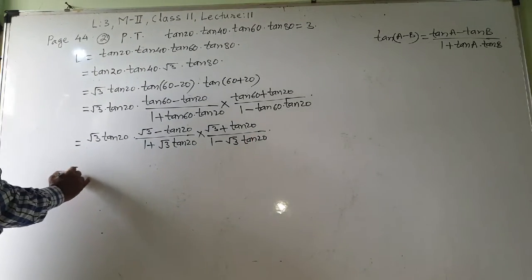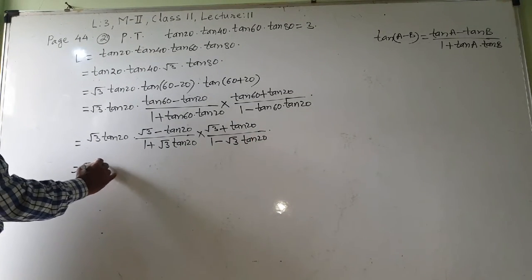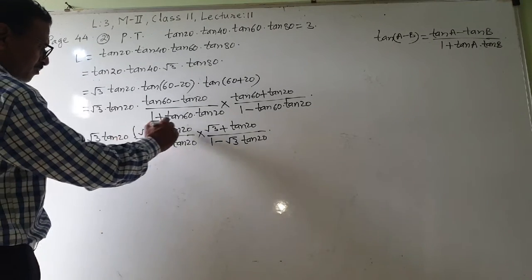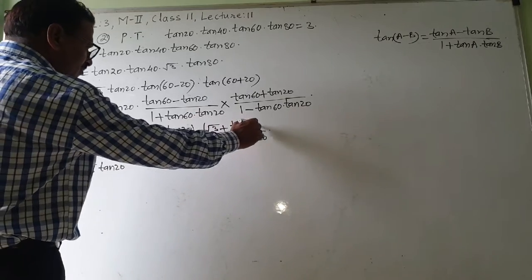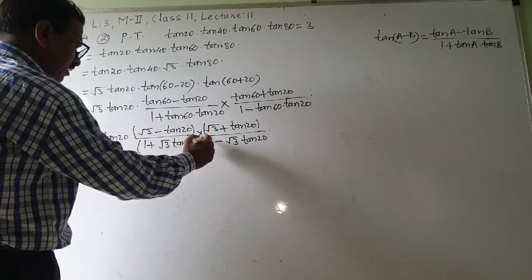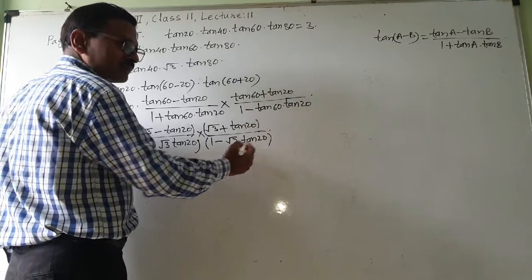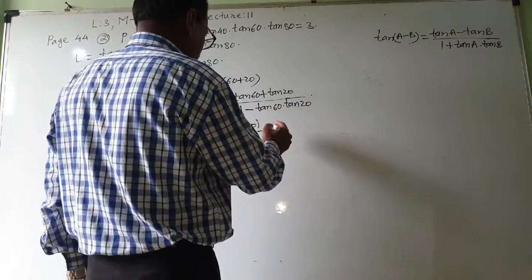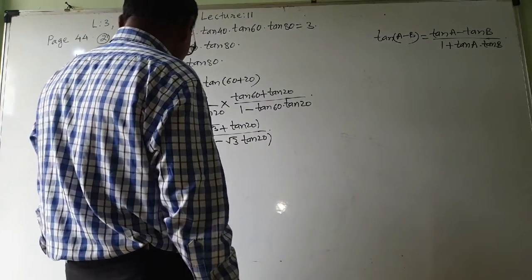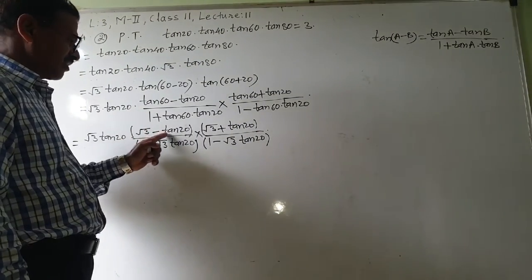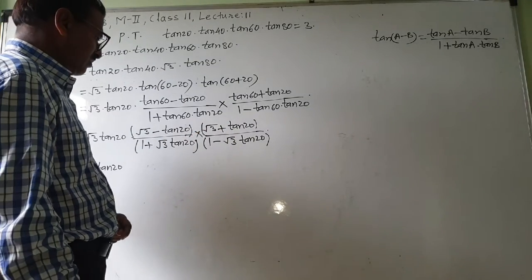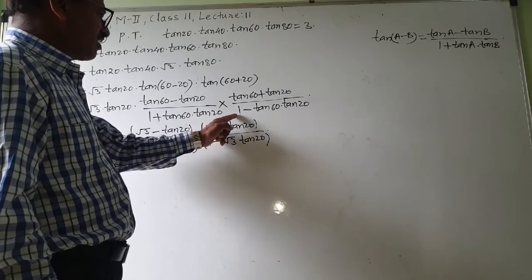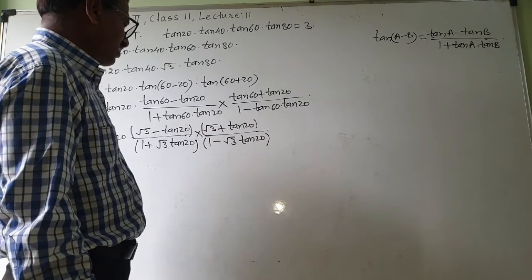That is equal to root 3 tan 20 into this. Put the bracket and see what it is. You can observe this. This is root 3 minus tan 20. This is root 3 plus tan 20. This is 1 plus root 3 tan 20. This is 1 minus root 3 tan 20.